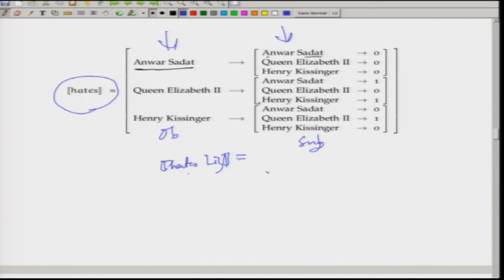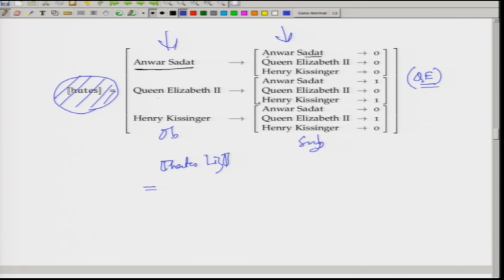So, this is the hates function, and this takes Liz, or the denotation of Liz, which is actually QE. It's the abbreviated version for Queen Elizabeth II. And what does it yield? Considering that this is not there, the denotation of hates Liz is actually this function, whatever comes out.